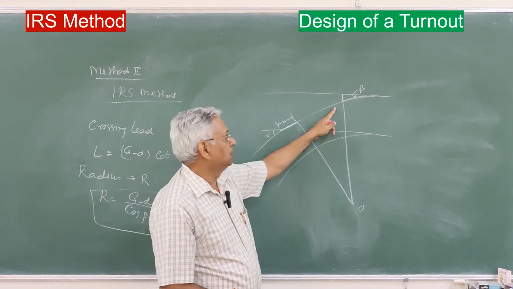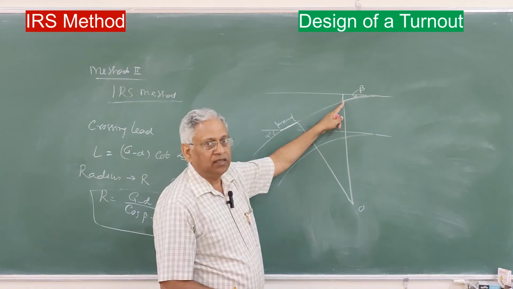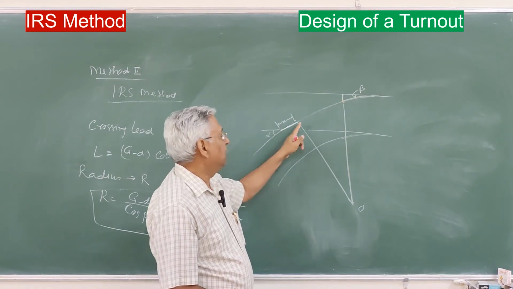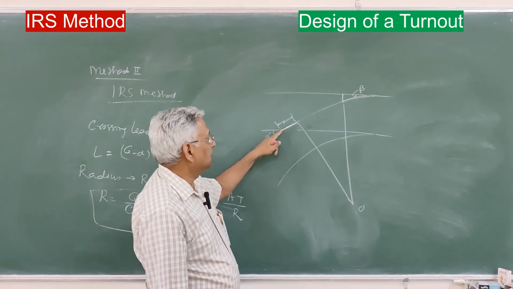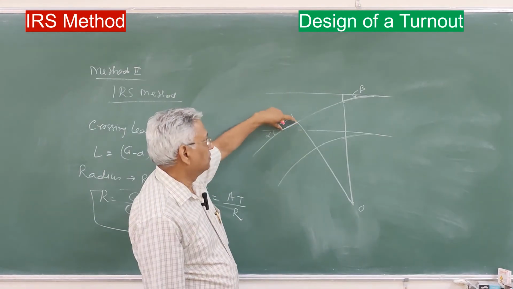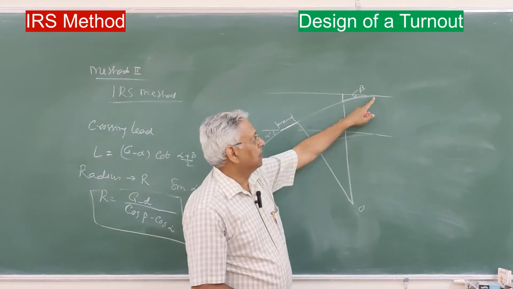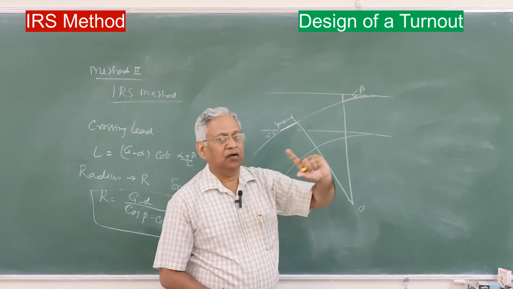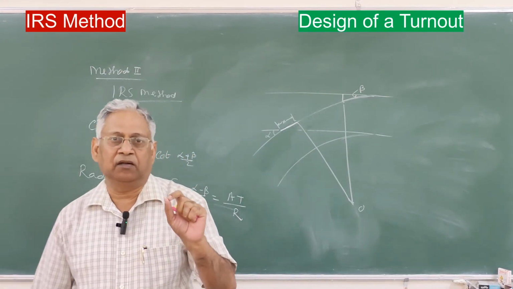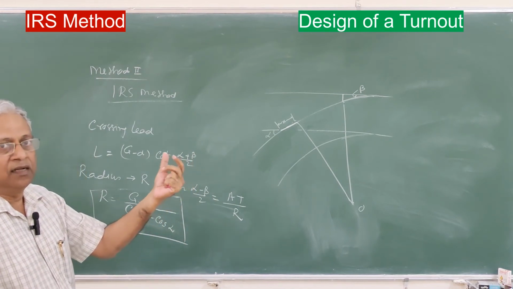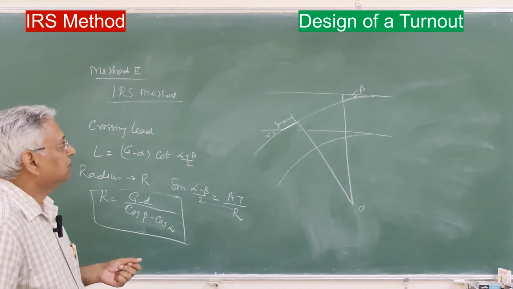So one kink is removed at this point because the tongue rail is made tangential to this curve, and another kink is removed at this point because this straight arm is also tangential to the curve. Only one kink remains at the toe of the switch, and that cannot be removed by any improved method of design because it's a sudden change in the alignment.